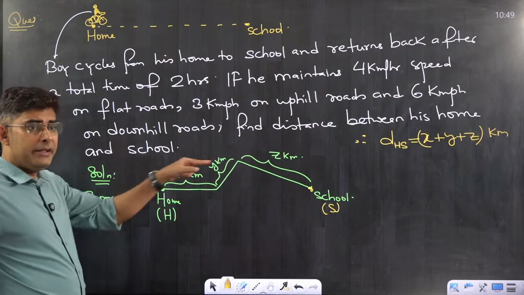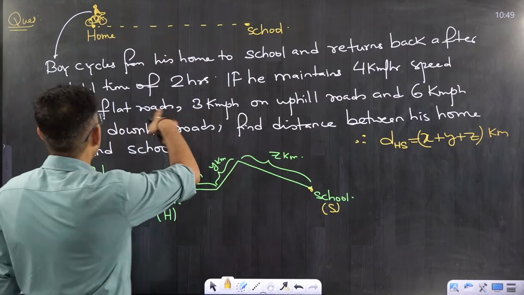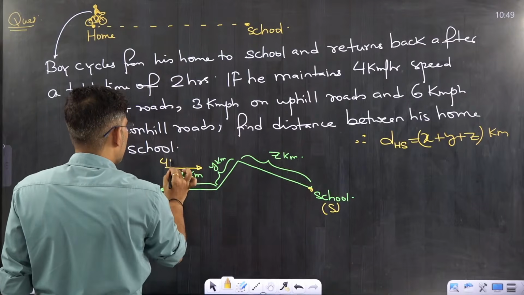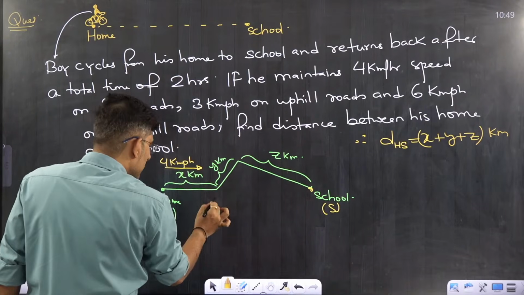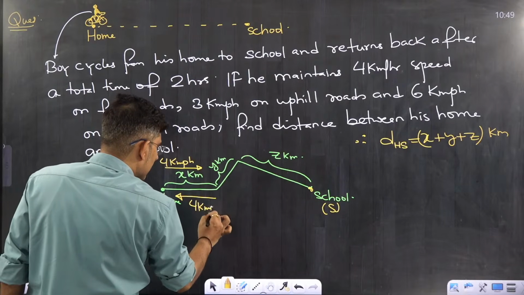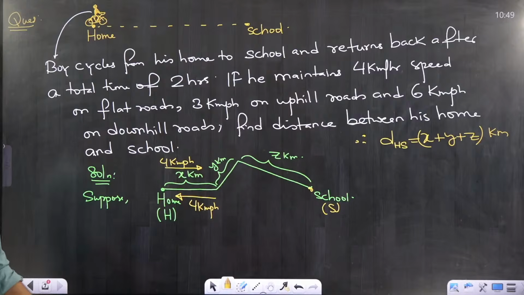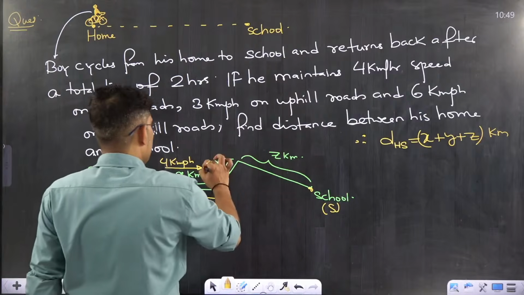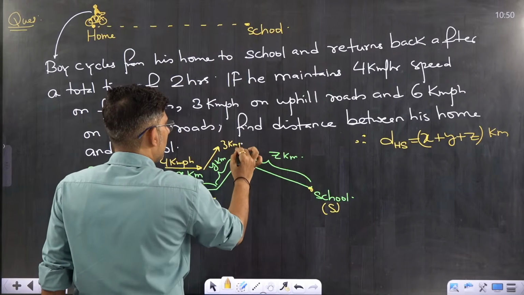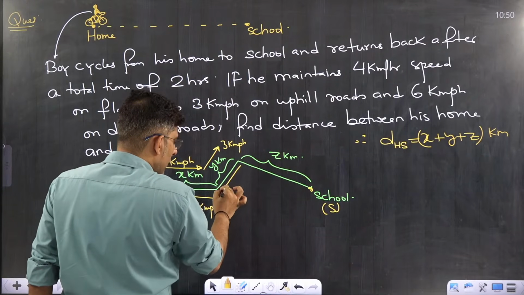See, while he is going on flat road, he is moving at 4 km per hour. So obviously when you come back, you will still move at 4 km per hour only, because it is flat road. When you are going uphill, your speed was 3 km per hour, but on returning the same road will become downhill.